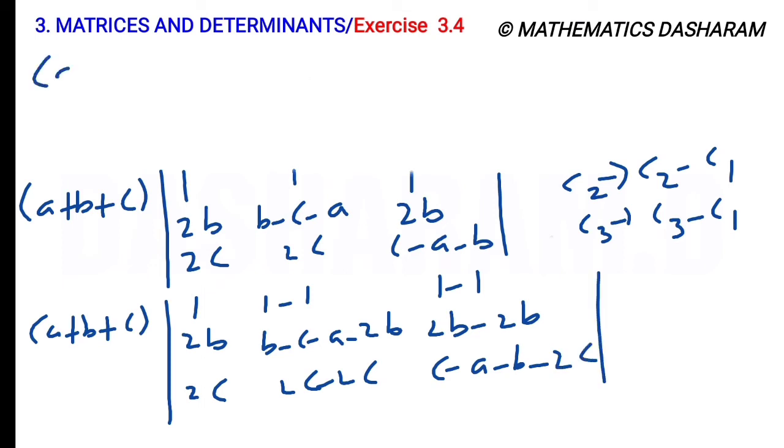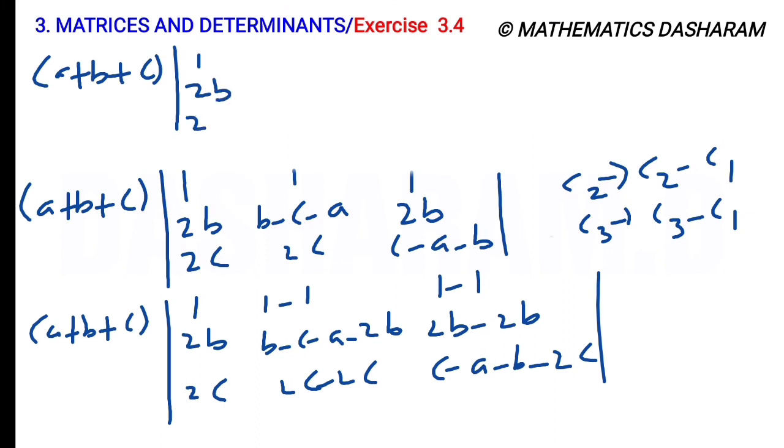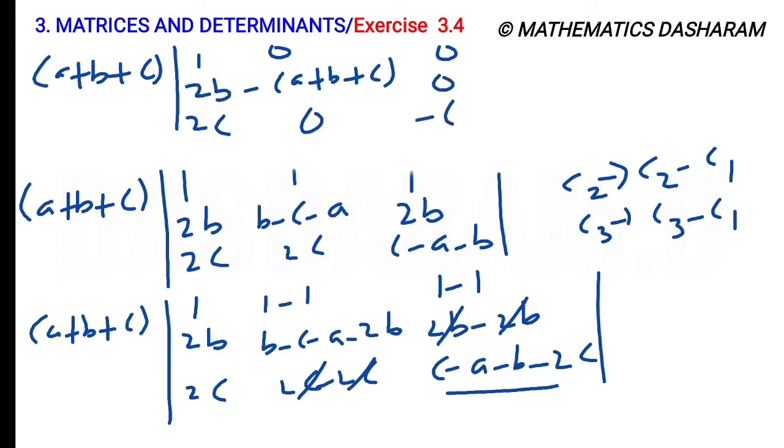So now A plus B plus C mod, so 1, 2B, 2C. Next, second column 1 minus 1 is 0, and its simplification is minus bracket of A plus B plus C. Next, 2C minus 2C cancel, 0. Next, third column 0, 2B minus 2B is 0, and its simplification is minus bracket of A plus B plus C.